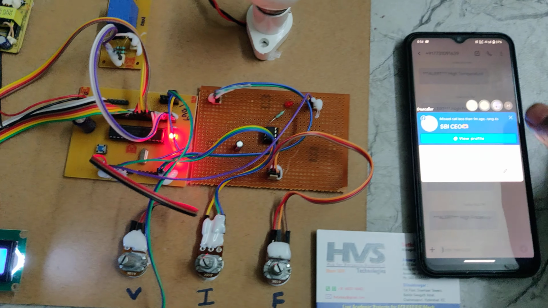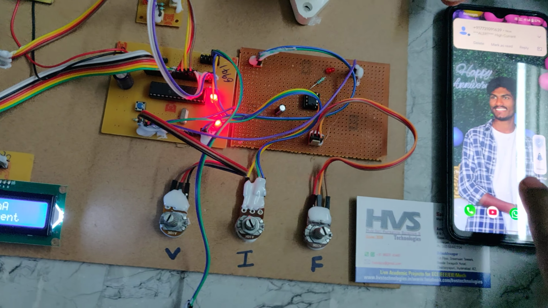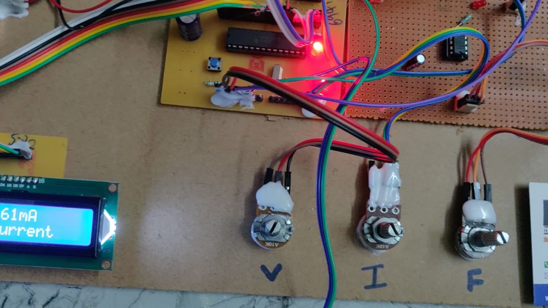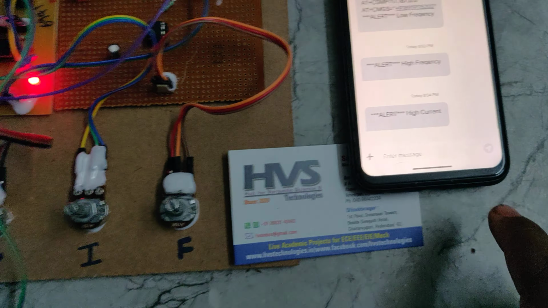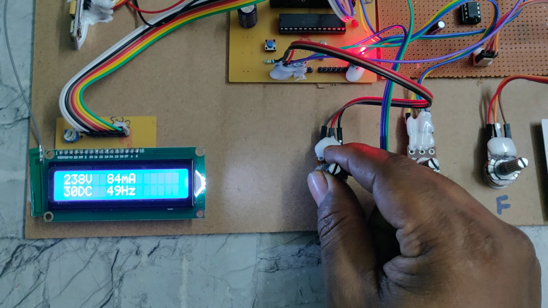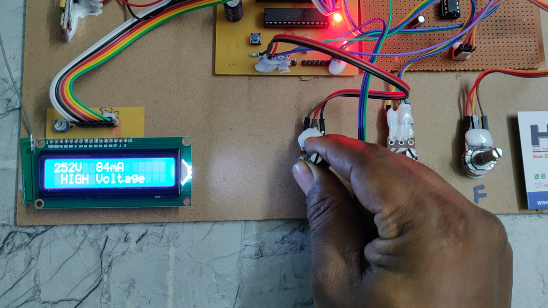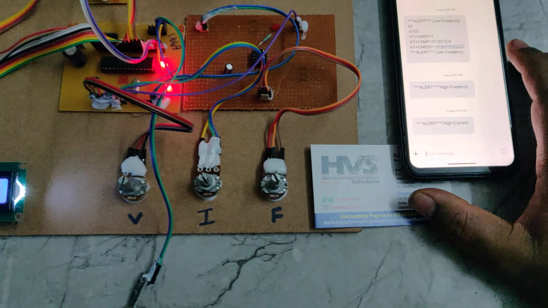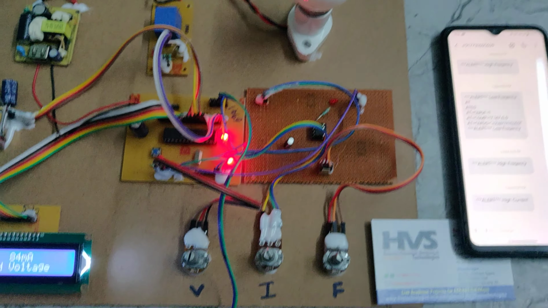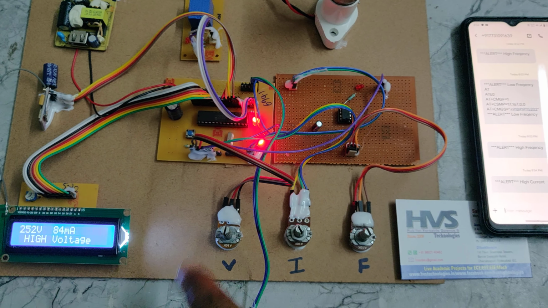Then we set it back and increase the voltage. So this is high voltage, and once the message is sent successfully, we come back to the checking point.